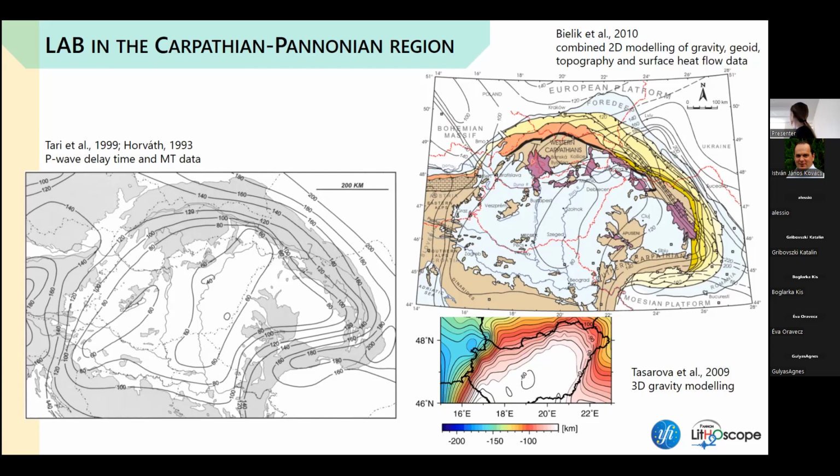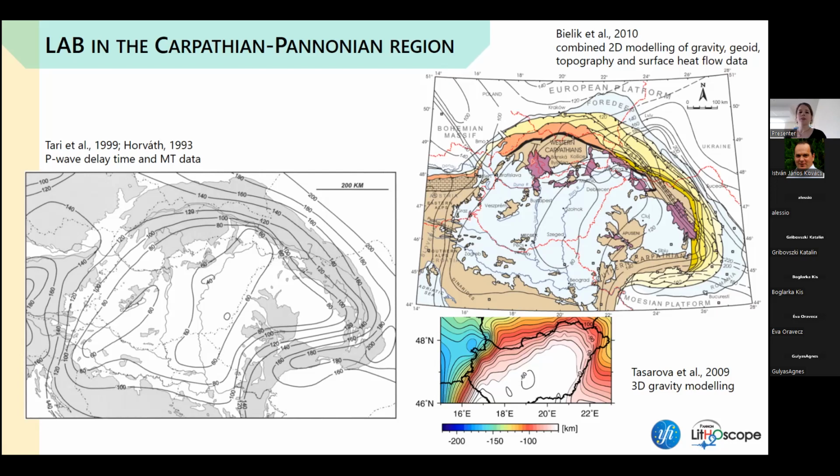Or we have the map by Bielik et al., who puts the LAB depth even in the central part of the Pannonian Basin at 80 kilometers depth. So we can say that for the Pannonian Basin, probably the most reliable one is the one based on the work of Gábor Tari and Frank Horváth.